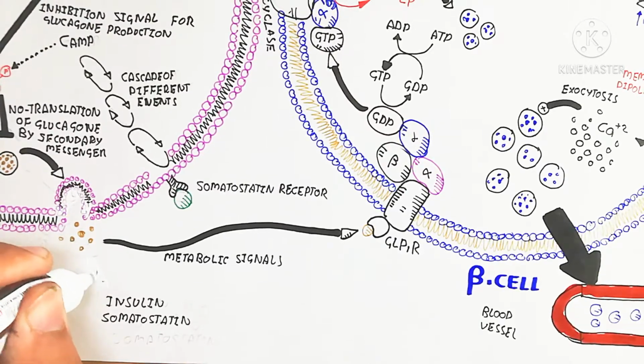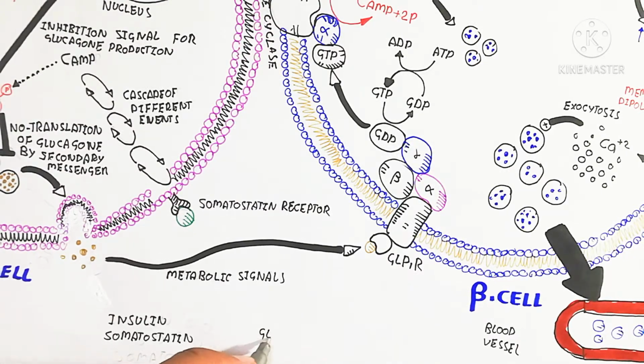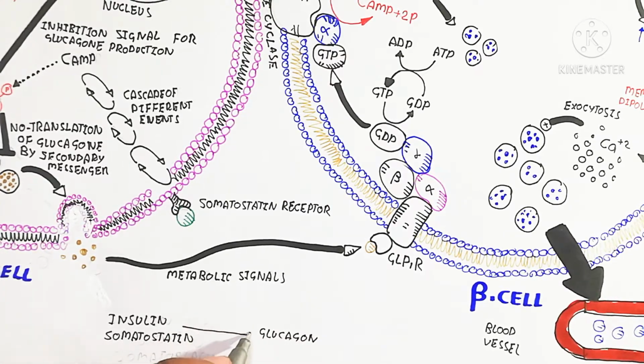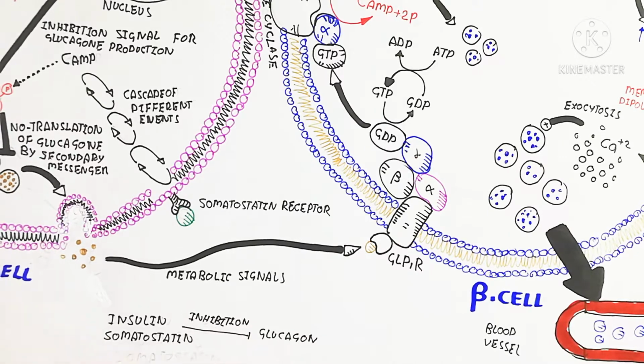So insulin and somatostatin work in the opposite way. The important thing here is GLP-1, which is produced and binds with a beta cell, and that beta cell will produce insulin as well as UCN3.